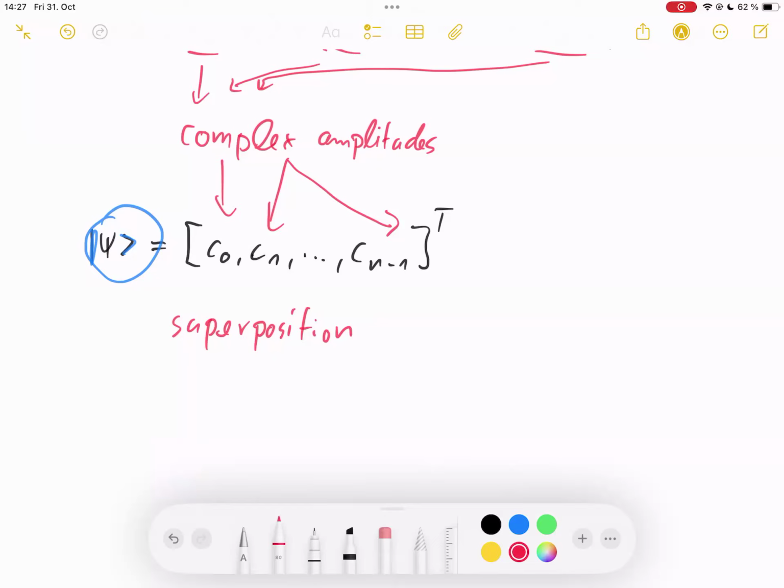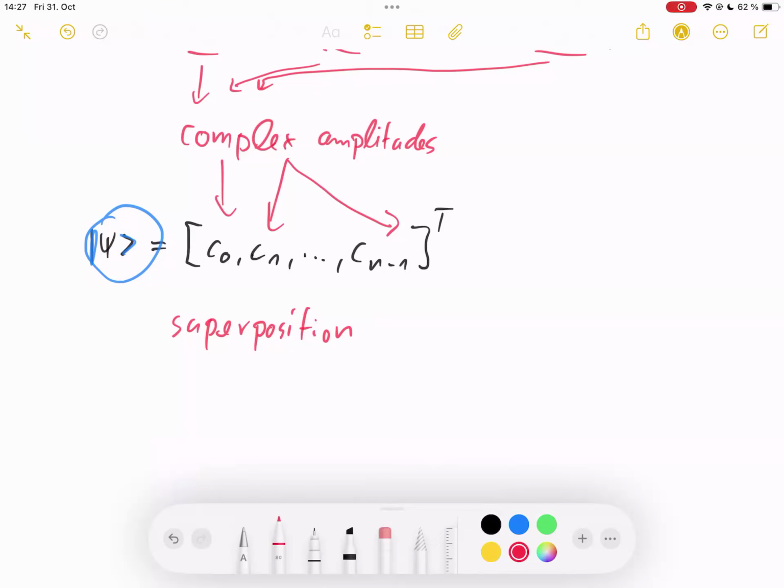And this is totally different to our probabilistic systems, because there we had one marble, for example, that was with a certain probability in each position. Here we use quantum mechanics and we say that our particle is simultaneously in all the basic states. It's not just that the particle is in one of them with a certain probability, but rather in all of them at the same time.